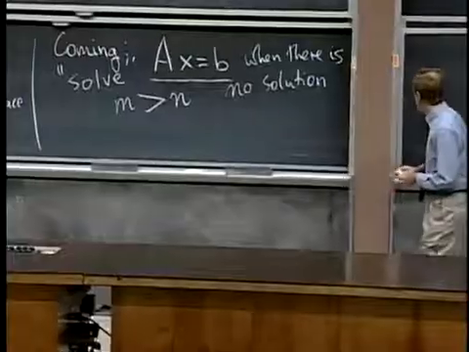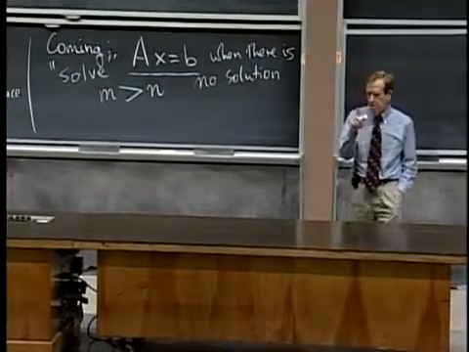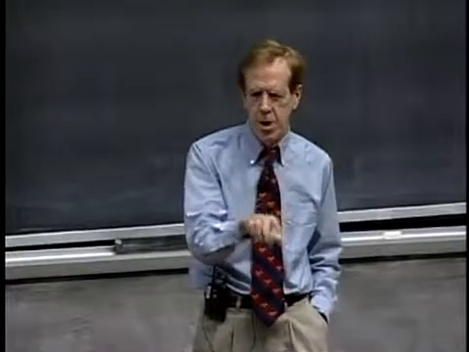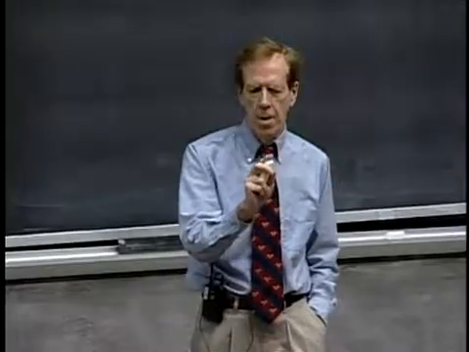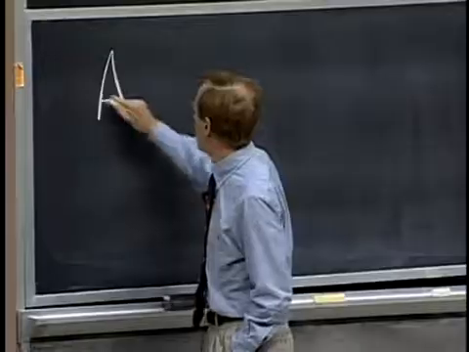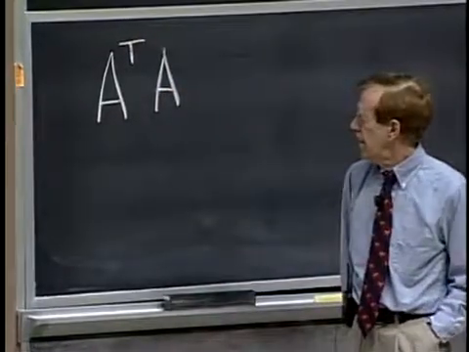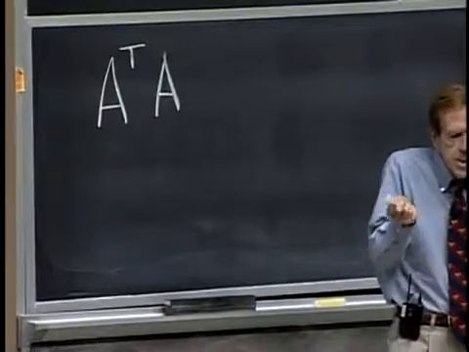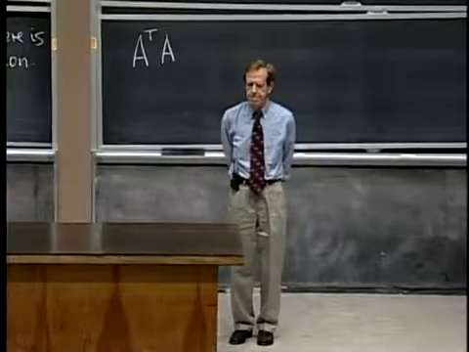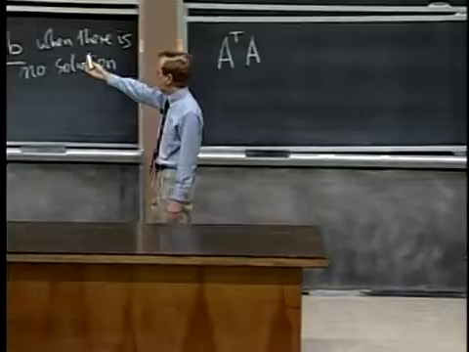All right, I want to jump ahead to the matrix that will play a key role. This is the matrix that you want to understand for this chapter 4. And it's the matrix A transpose A. Tell me some things about that matrix. So A is this m by n matrix, rectangular.